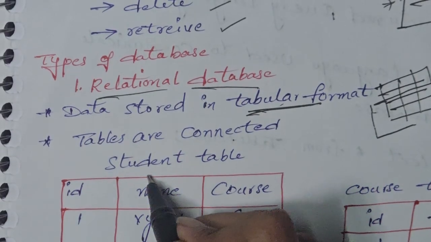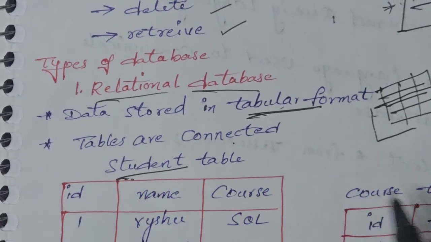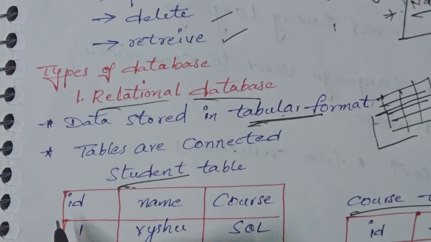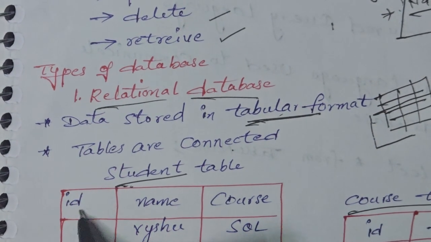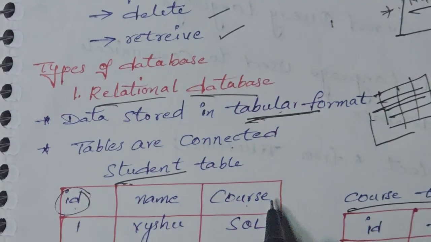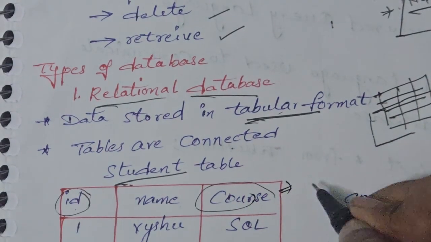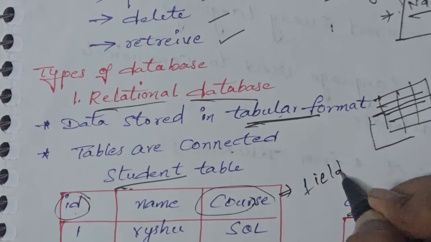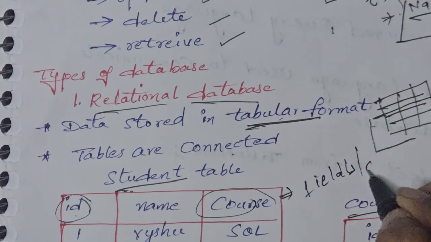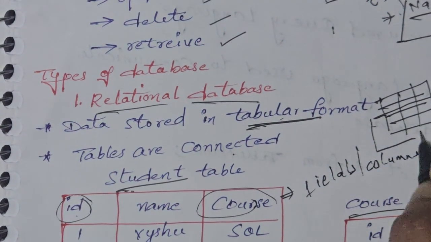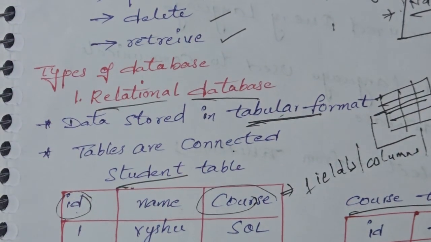For example, let's say we have two tables, the student table and the course table. In the student table, we have fields like ID, name and course. These are called fields or columns or attributes.